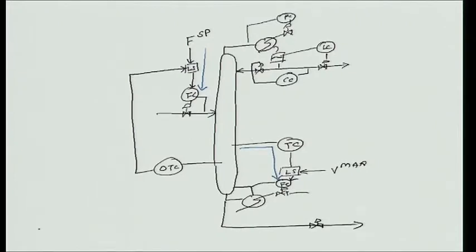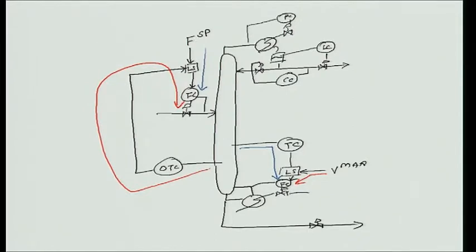Once the throughput goes high, V1 goes maximum. So, therefore, V1 is fixed and temperature is controlled this way by adjusting the feed.